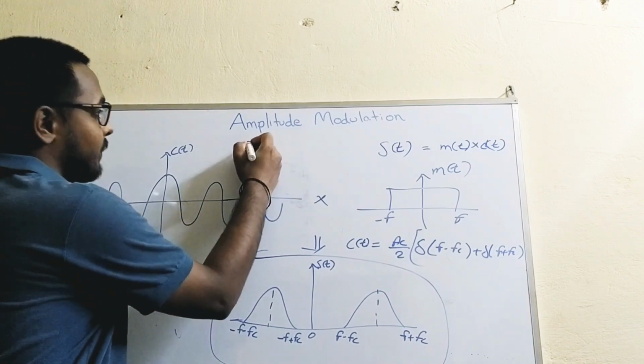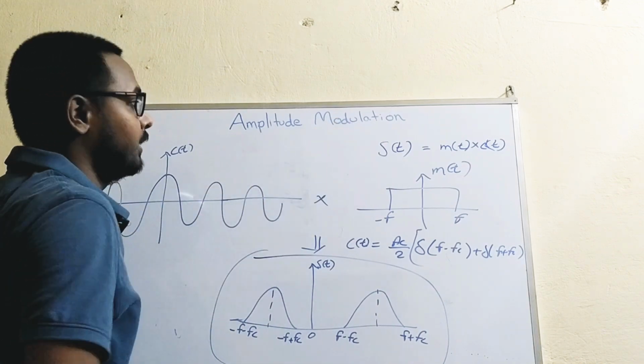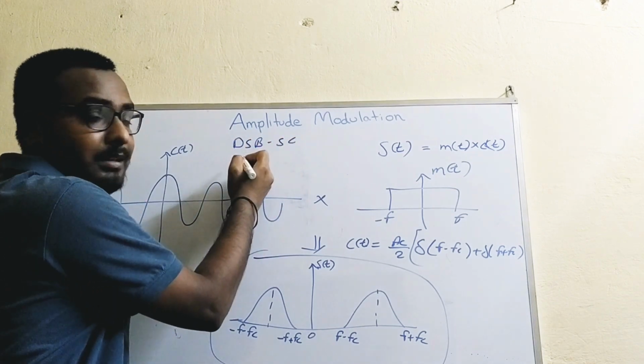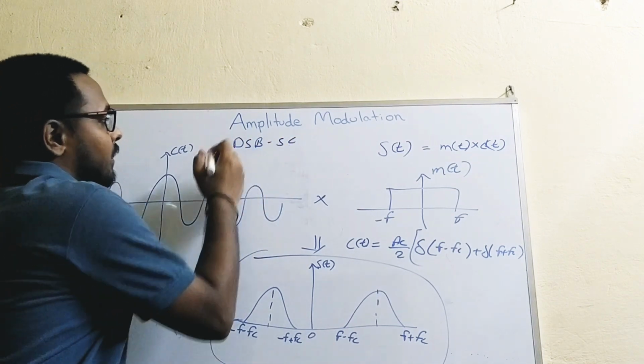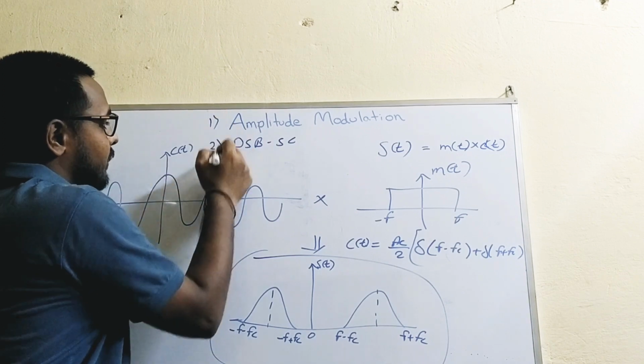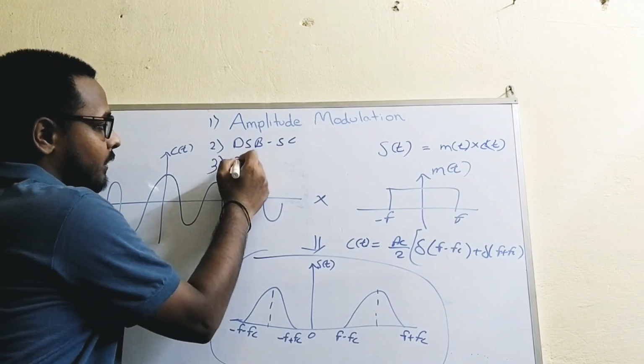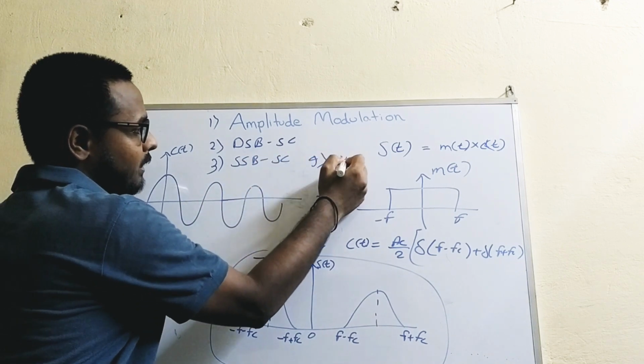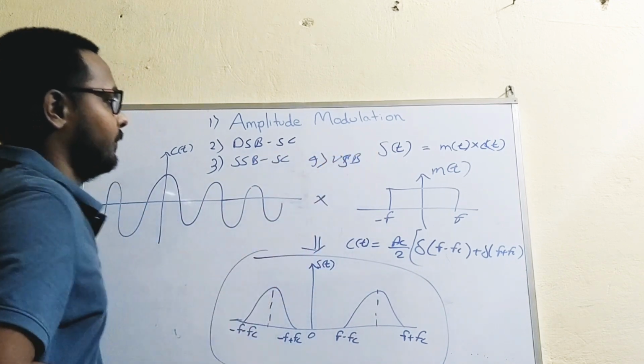What are they? First is amplitude modulation itself, another is DSB-SC, double sideband suppressed carrier, third is single sideband suppressed carrier, and fourth is vestigial sideband.